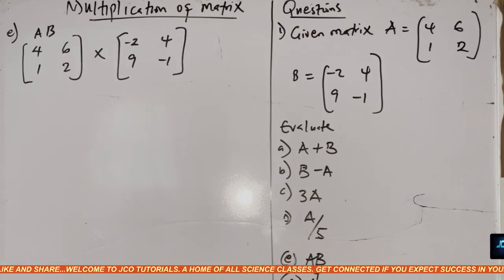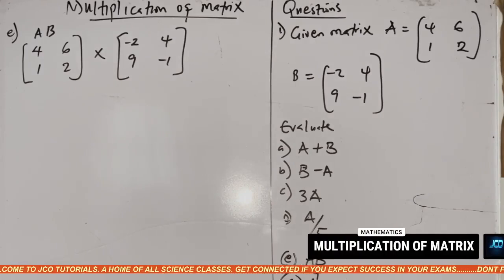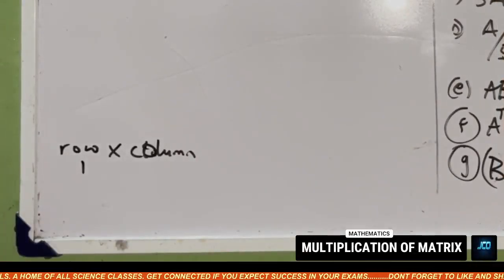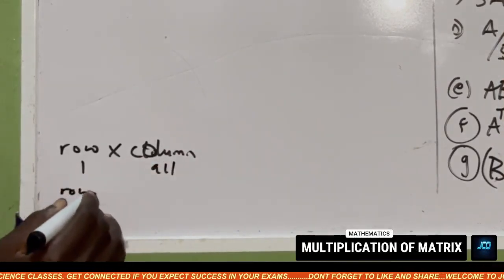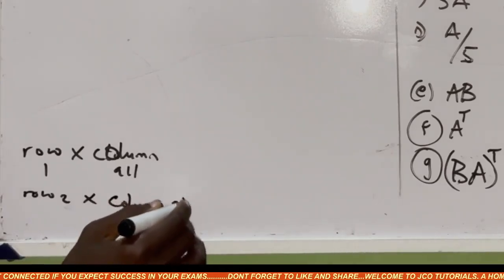In this case now, what's the rule? The row will multiply the column. So you must use the first row to multiply all the columns. When you are done, you use the second row to multiply all the columns.